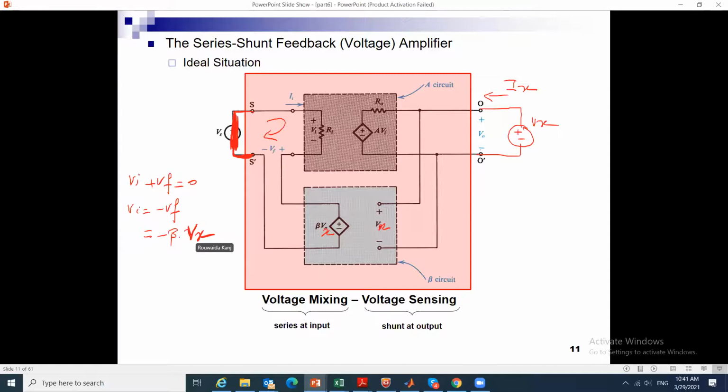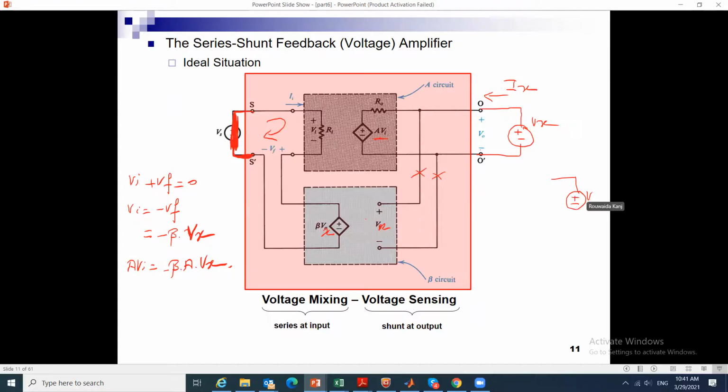This means that in this loop, A Vn is equal to minus beta A times Vx. And now, where is Ix here? I don't have any current, it's open circuit. So now I have a circuit that looks like this.